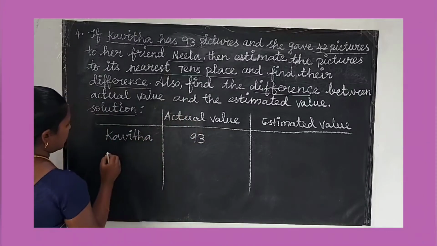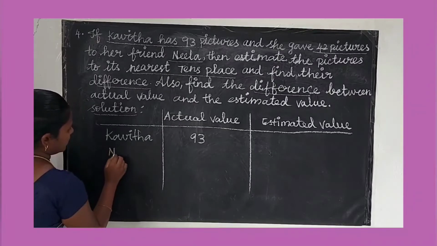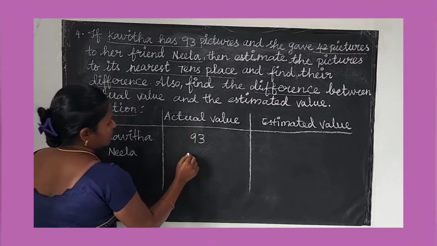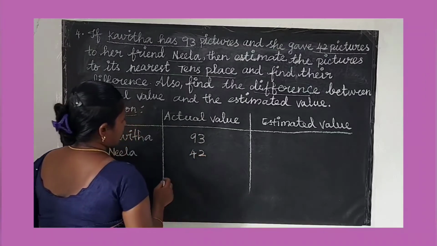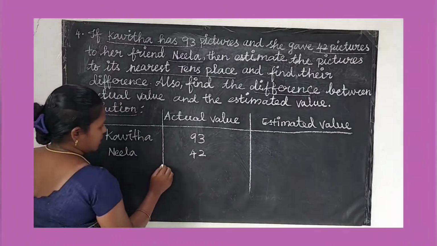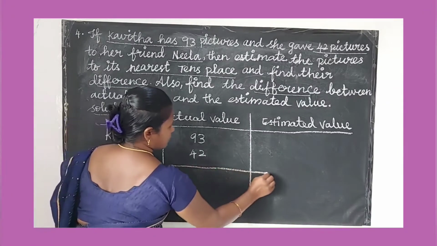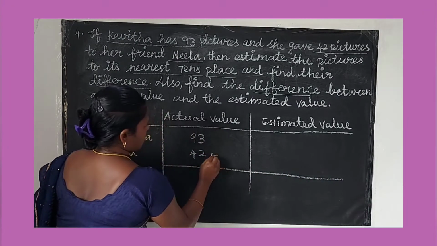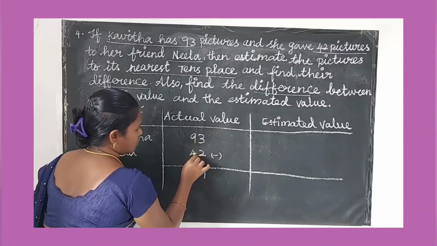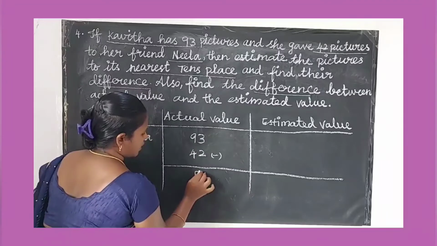Next, her friend Neela has 42 pictures. So we have to find the difference, so we have to subtract the values. Put the subtraction symbol. 3 minus 2 gets 1. 9 minus 4 gets 5.